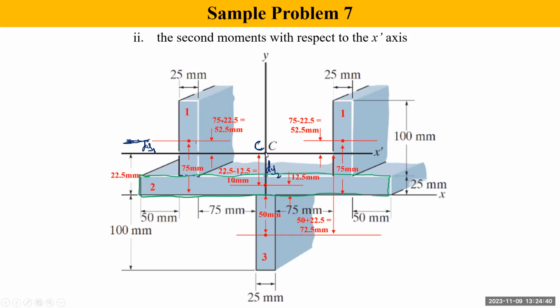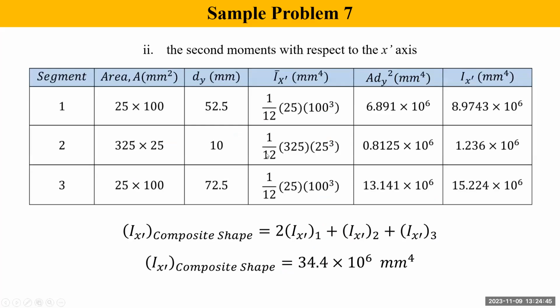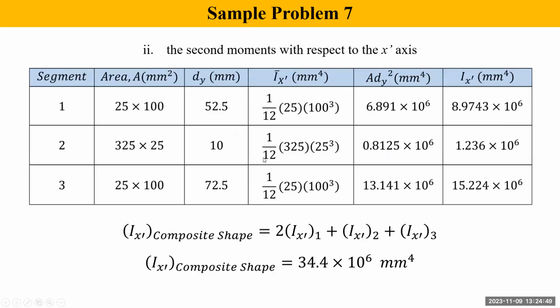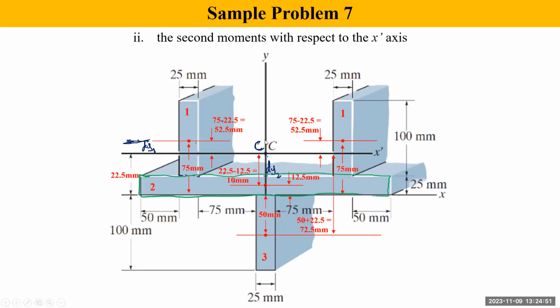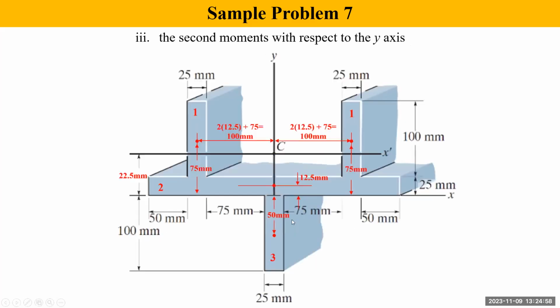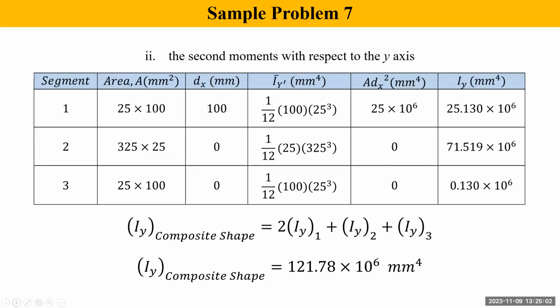So for segment 2, you want to find this distance here from your center. Why is this thing changing? Let's go again and see if I can get in it. So from your center, hold on, let's see what's causing that.